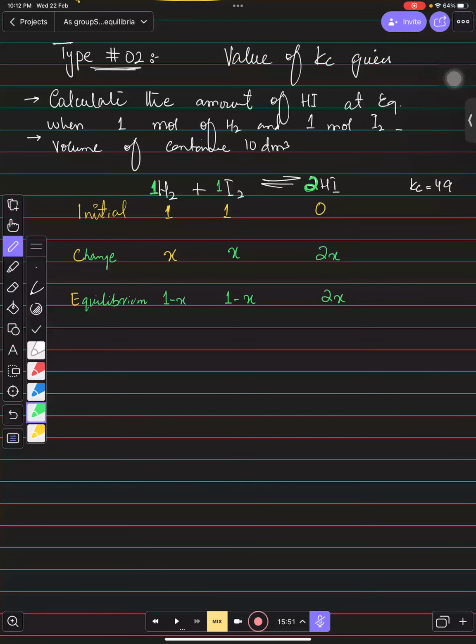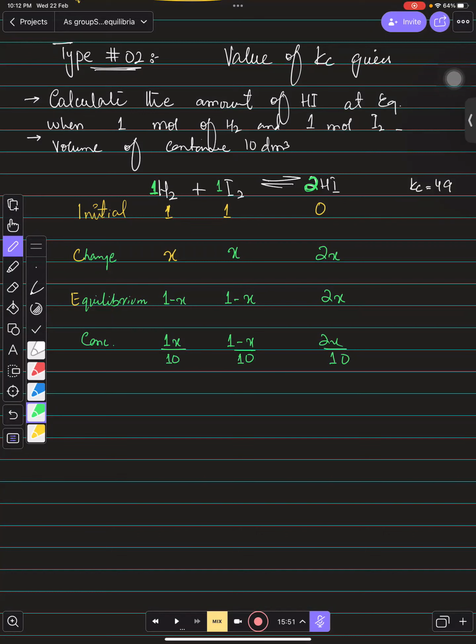Yes, sir. And for the concentration at equilibrium, we know it is number of moles over volume, and the volume for all of them would be 10. So it should be 1 minus x over 10, 1 minus x over 10, and 2x over 10. Right, Bacho?